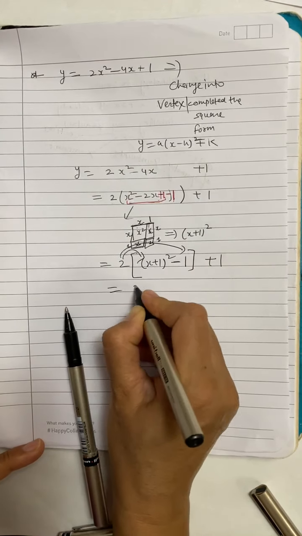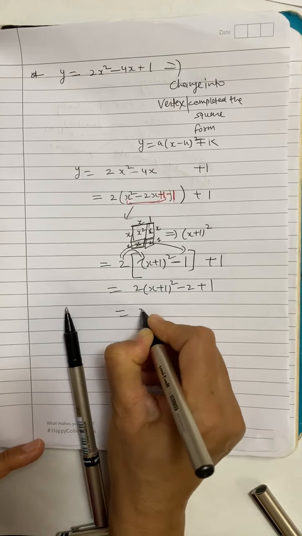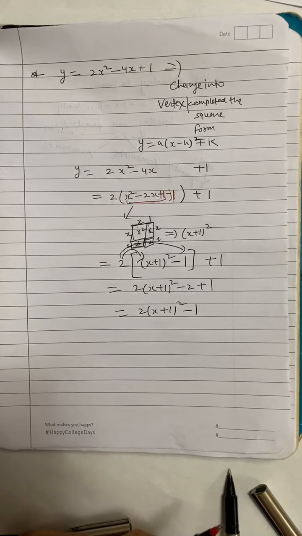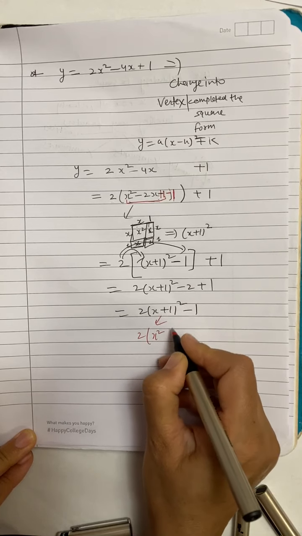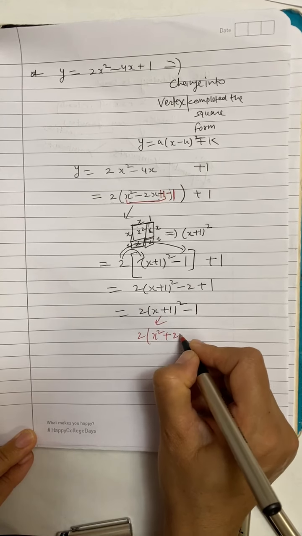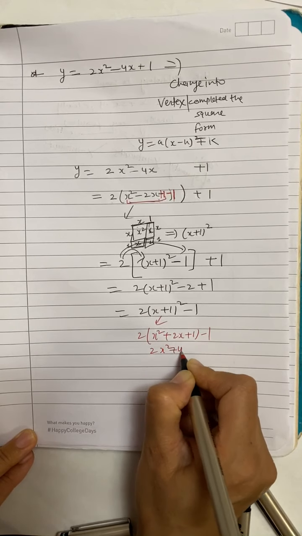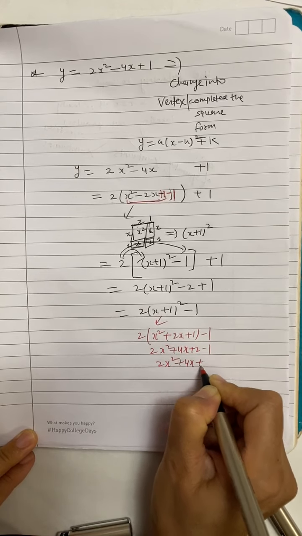This will become 2 times x plus 1 whole squared minus 2 plus 1, and I can simplify it further, and this becomes negative 1. Now we can also check it. If I want to check it, this becomes a squared plus 2ab plus 1 minus 1, and 2x squared plus 4x plus 2 minus 1, so 2x squared plus 4x plus 1.